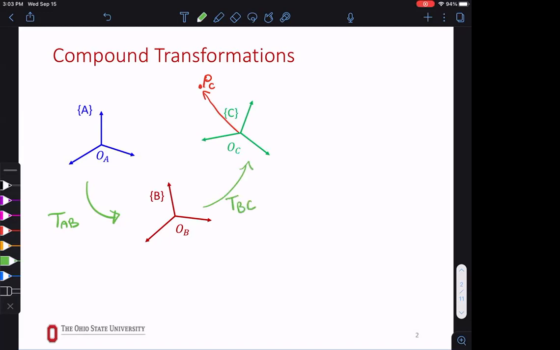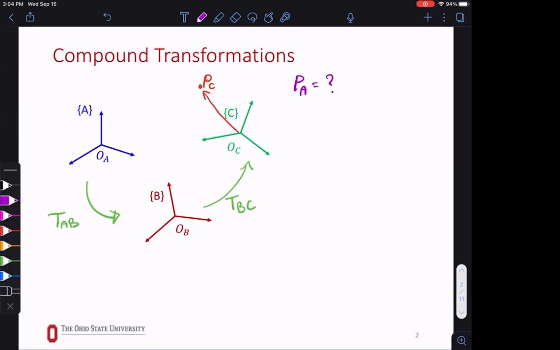So when I say we know, you remember these were 4x4 matrices, right? We have those 4x4 matrices from A to B and from B to C. We also know the position of point P from the perspective of frame C. Now what we want to find is, can we find the position of P from frame A?